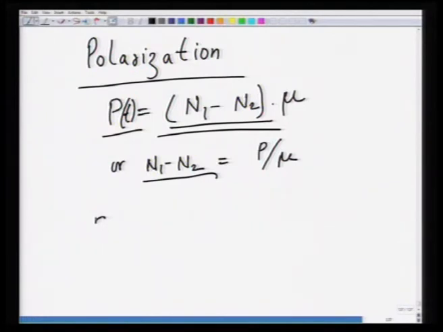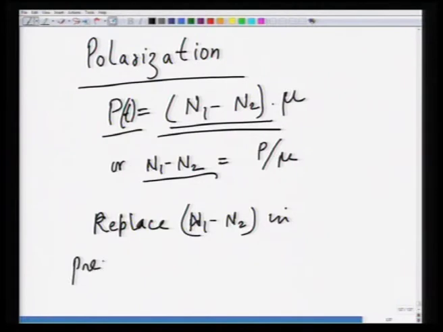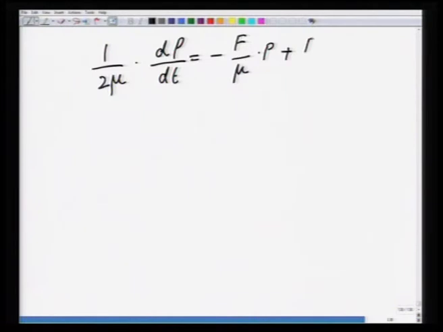So what you do is replace N1 minus N2 in the previous equation, to achieve what we write as 1 over 2 mu into dP by dt is equal to minus F divided by mu into P plus FN mu E divided by kT.